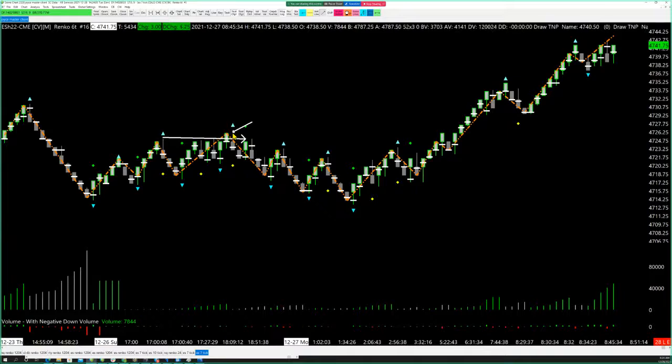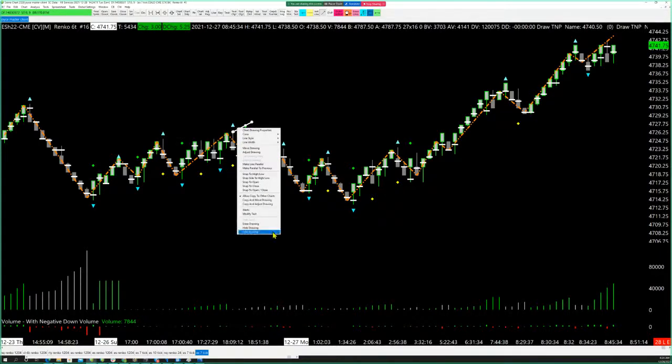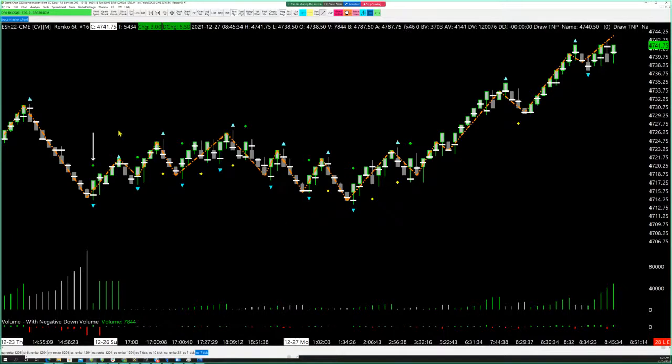What you will notice is the bars that have the best results, so I'm glad I left that one algo up, will have a little green diamond on them for a long and a little yellow diamond for a short, right?